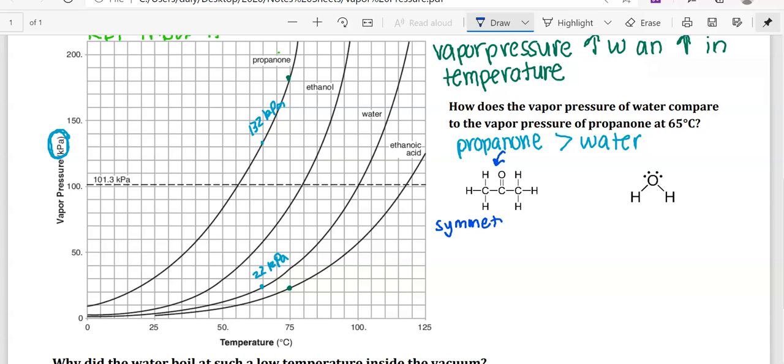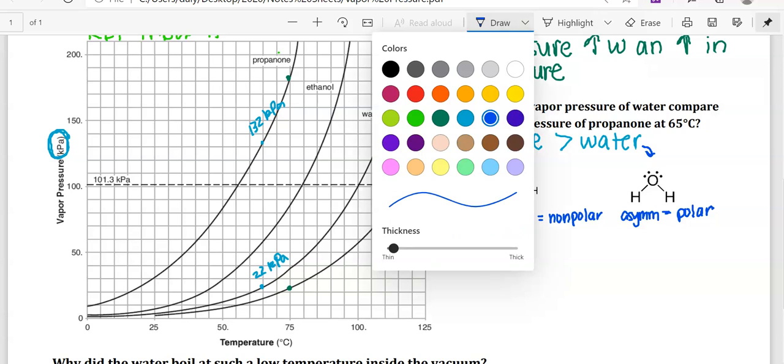Because our structure is symmetrical, it's considered nonpolar. Versus our structure of water, which is asymmetrical, which means that it is polar. In terms of what that molecular polarity means for us, we'd have to think back to our intermolecular forces of attraction. Which one of these two molecules experiences stronger intermolecular forces of attraction?